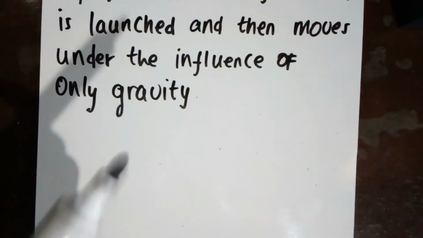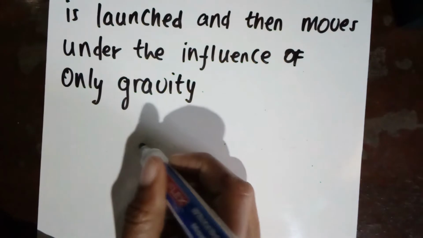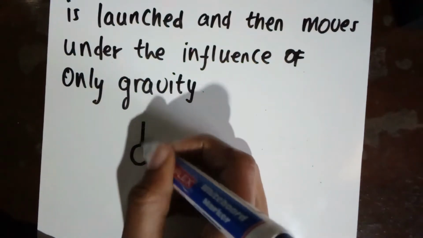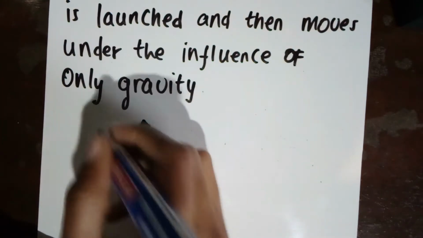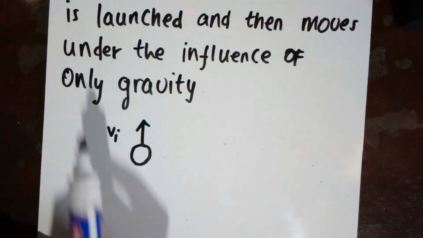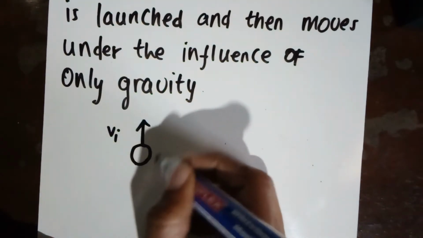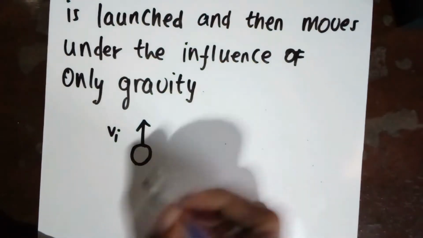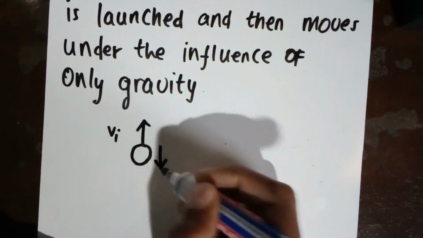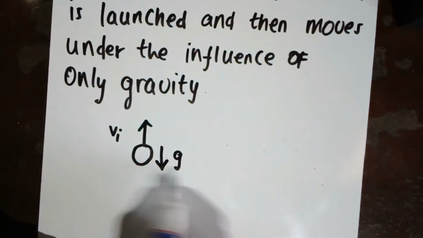The first thing is a projectile moving upwards or downwards. Let's say you have a ball and you throw it in the air, and it's moving upwards, so its initial velocity would be up. But because it's moving under the influence of only gravity, it accelerates with gravitational acceleration g, which is always downwards.